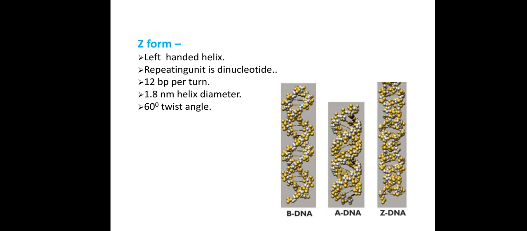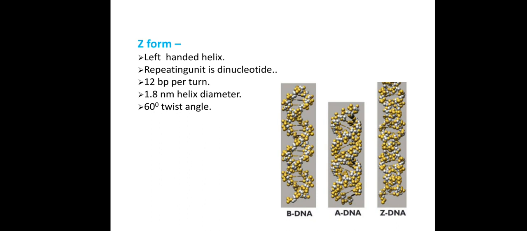Here the repeating units are dinucleotides. In BDNA it is a mononucleotide, here it is a dinucleotide, and there is also a difference that adjacent sugars face the same side, towards the same direction in BDNA, whereas in ZDNA they are in opposite direction.